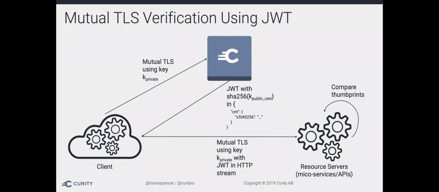And you'll hash the certificate that was used to contact your API, and then you'll compare those two hashes. And if they're the same, then you know that the client application that's calling your API is the same one to whom the token was issued. And that's a proof of possession.